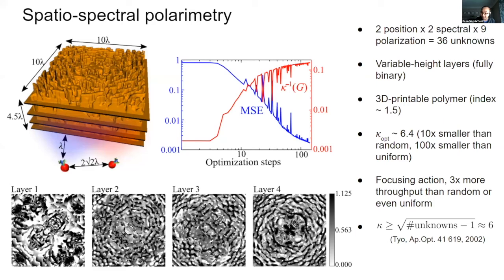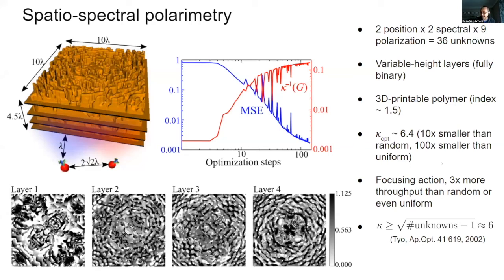But there is another important aspect. If you put a random structure or even a uniform structure, sure, with a random structure there might be some kind of discriminative scattering that will help with the reconstruction process. But on the other hand, in contrast to the optimized structure, there is a little bit of focusing action that becomes optimized in the end-to-end design.